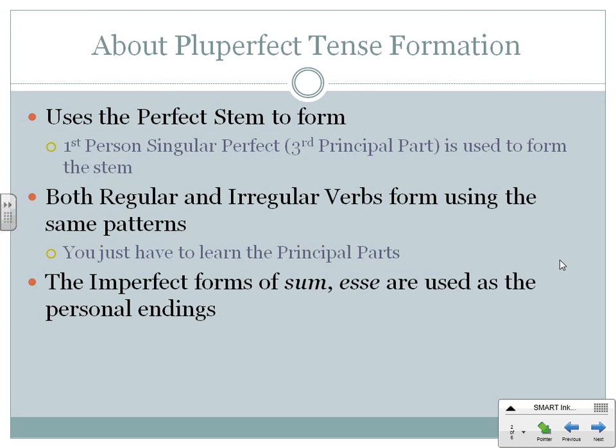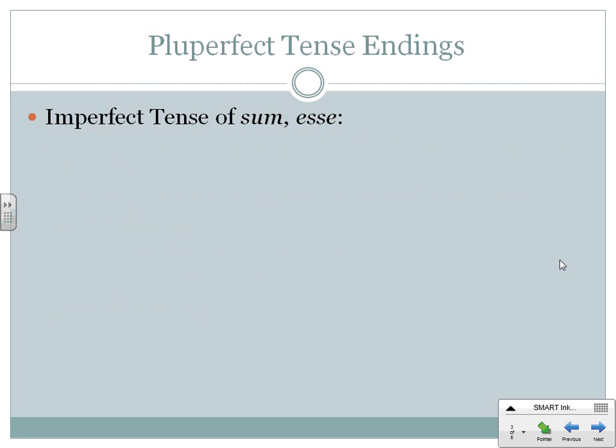And finally, the imperfect forms of sum, esse are used as the pluperfect personal endings. The only thing you have to watch out for is that the esse words in the imperfect do not follow the letters POT, which would make that the imperfect form of possum.